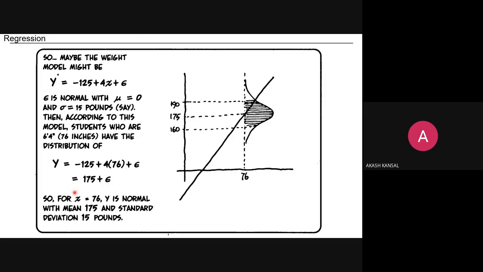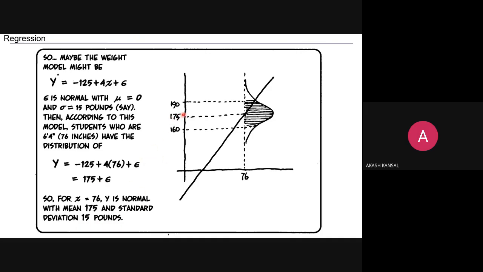So if x is equal to 76, y will be 175. If the height of the student is 76, the weight is normal with mean 175 and standard deviation of 15 pounds. Right? So this is what we can infer from here.